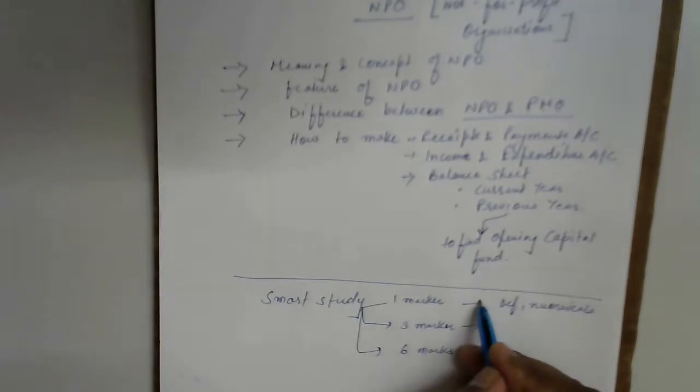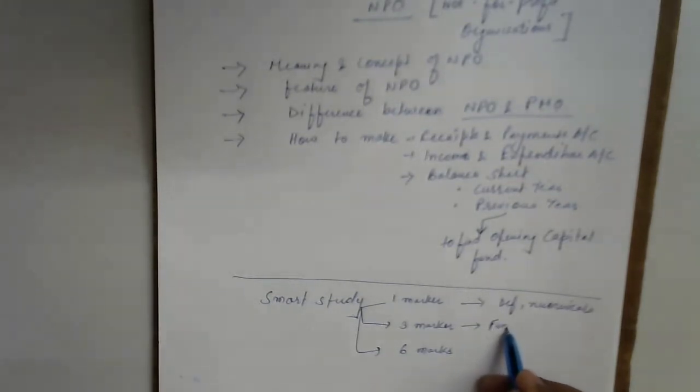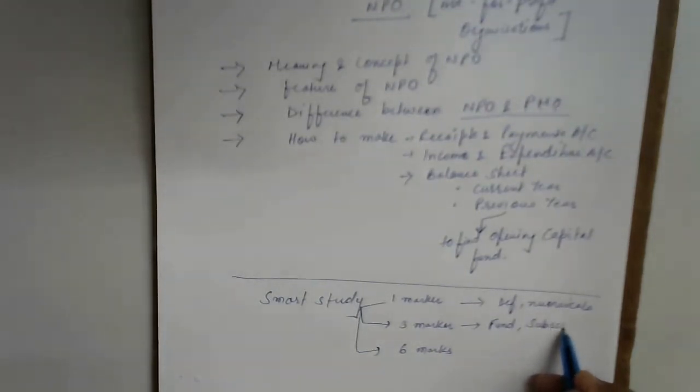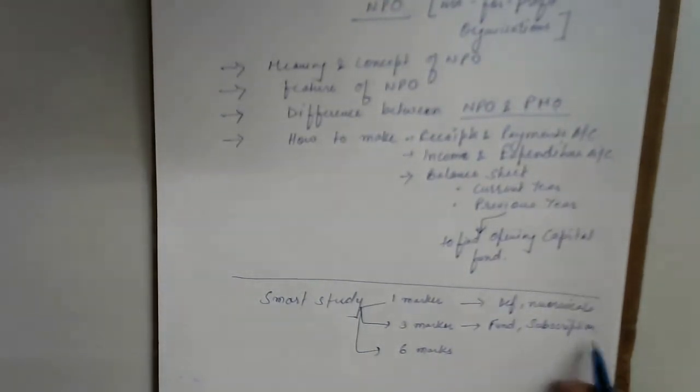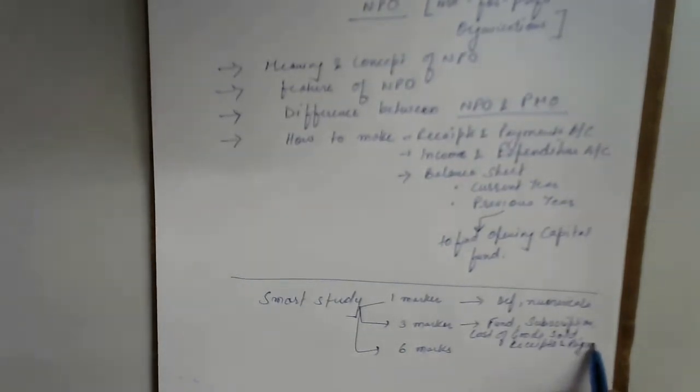In 3 markers you get to calculate and solve fund accounting and its presentation, subscription calculations, cost of goods sold. And if you are very lucky, you'll get receipts and payment account. Sometimes we get receipts and payments account also.